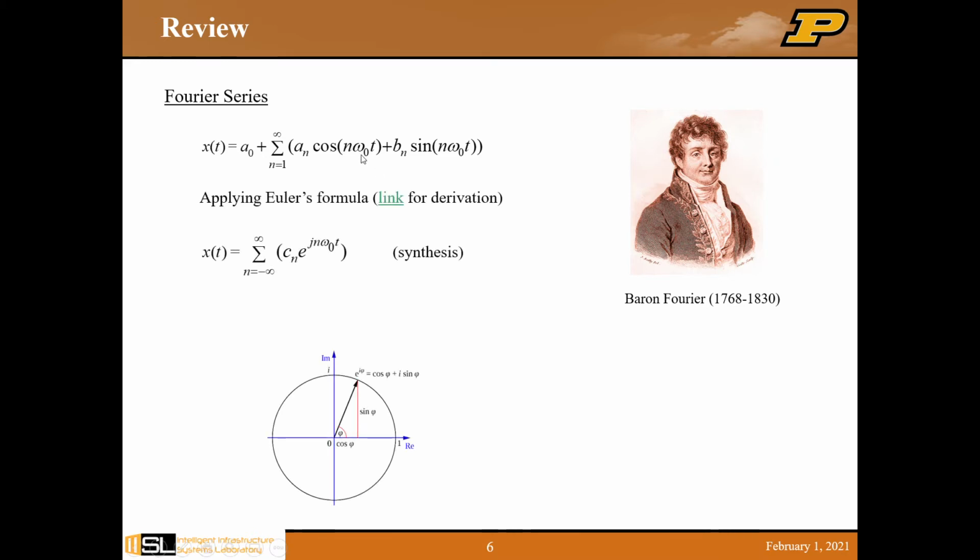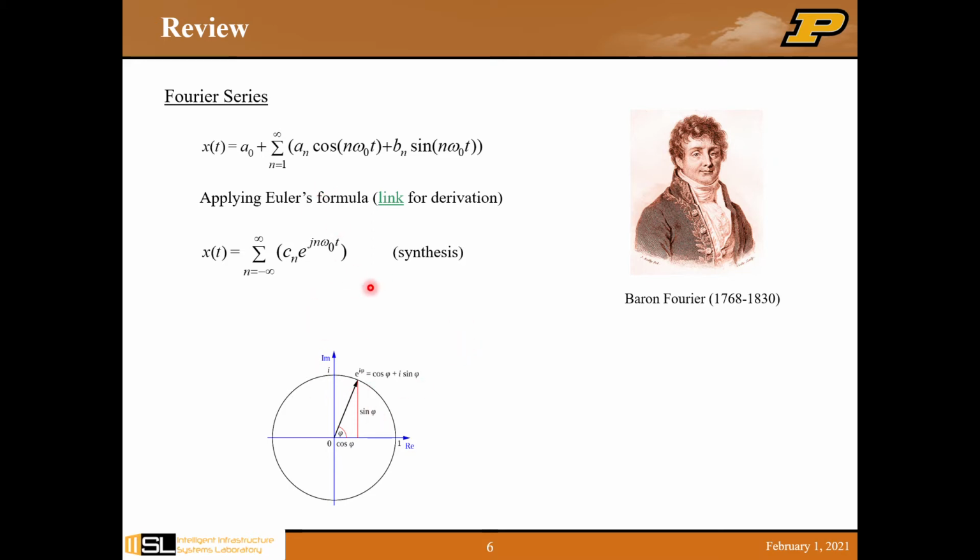It's easier to understand if we dig into the derivation in detail, but it's not easy to do the analysis and calculation. Therefore, researchers and engineers thought about applying Euler's formula to get a more compact form: x(t) equals the summation of Cn times e to the j n omega 0 t.